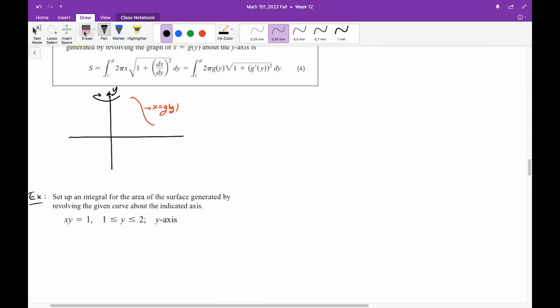After you revolve it, what kind of three-dimensional surface do you obtain? It will be something like this if you revolve around the y-axis.